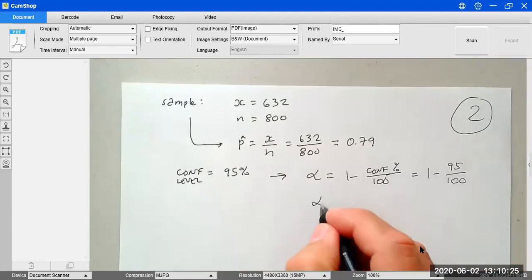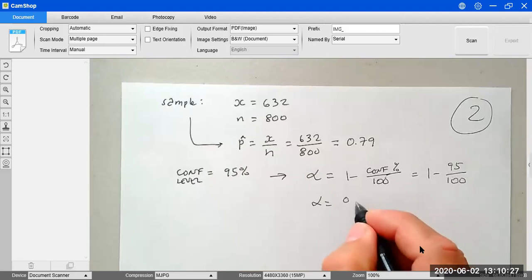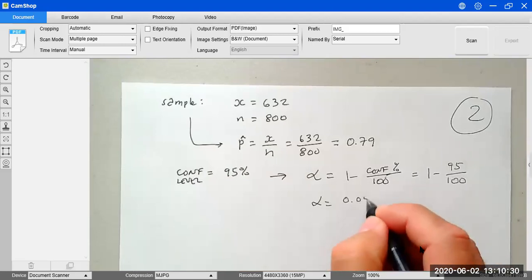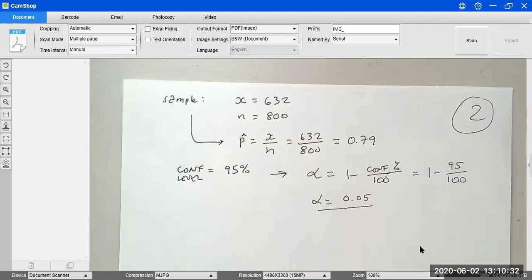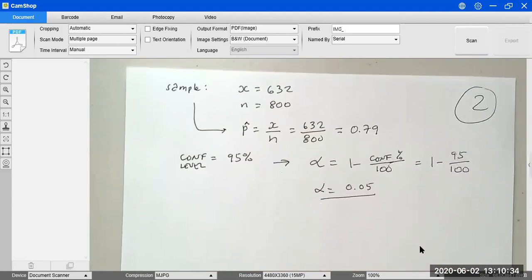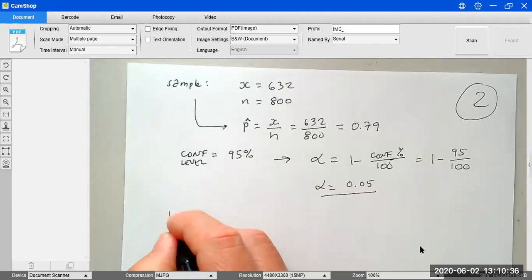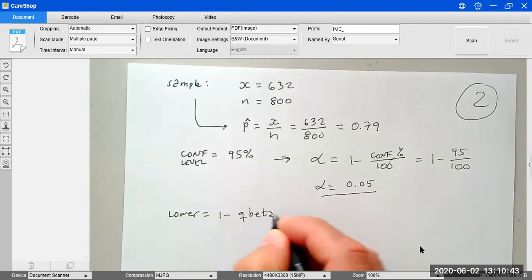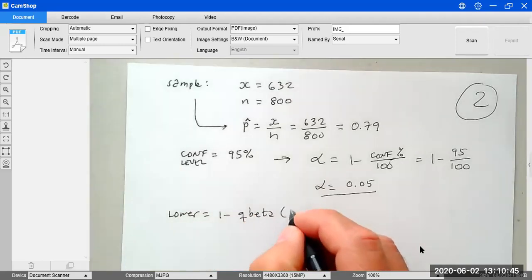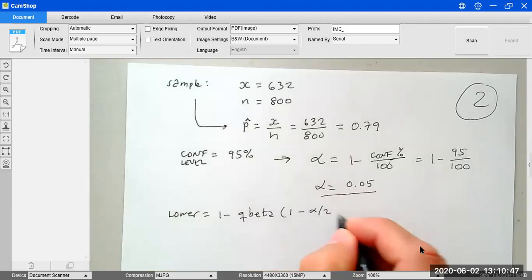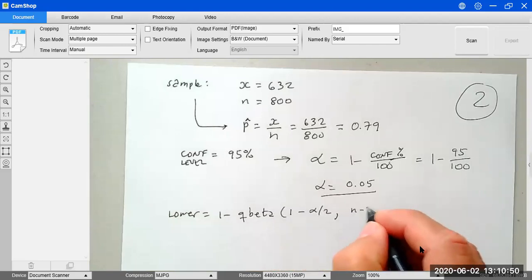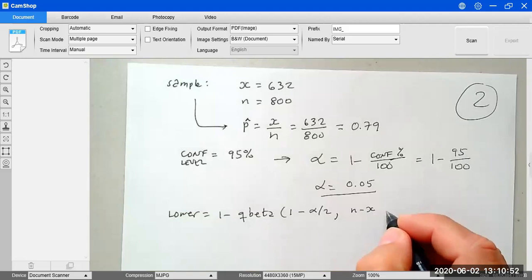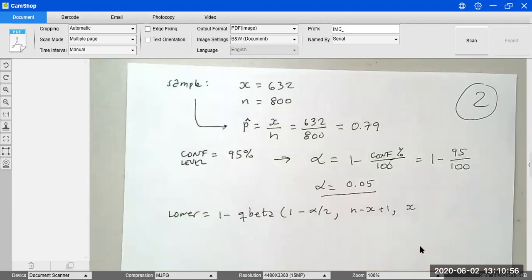So we're going to find alpha equals 0.05. So that's the value for alpha. Now we're going to write the lower limit. It's going to be 1 minus q beta, and we're going to enter 1 minus alpha over 2, n minus x plus 1, and x.